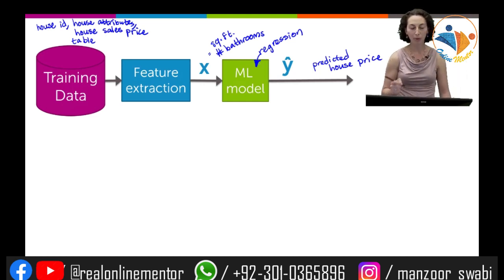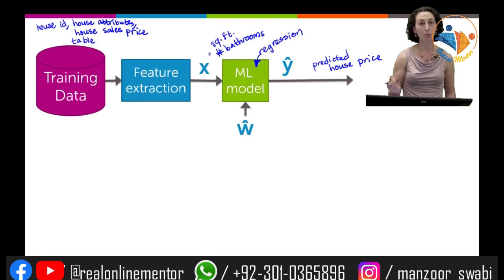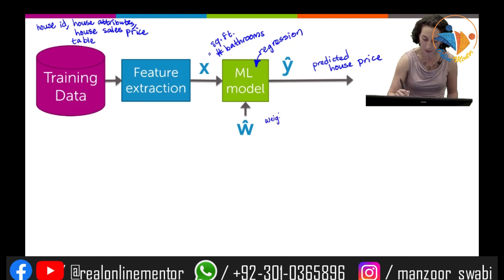Okay, but remember that this machine learning model had some set of parameters. Okay, so the parameters we call W, these are the weights on our features. So for example, it's the weight on square feet or number of bathrooms and so on. More technically, these are called regression coefficients.